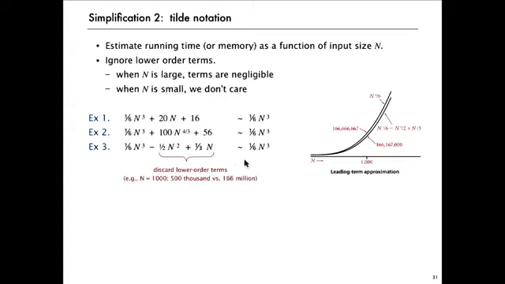So by focusing on one operation and throwing away the low-order terms, and this is the technical definition of tilde, f of n tilde g of n means the limit of f of n over g of n equals 1, and you can check that that's going to hold in these kinds of situations.